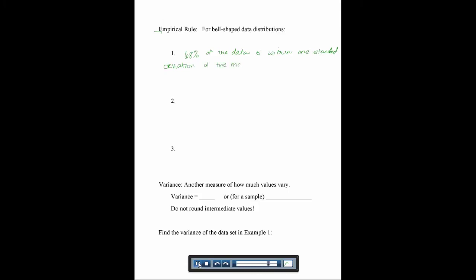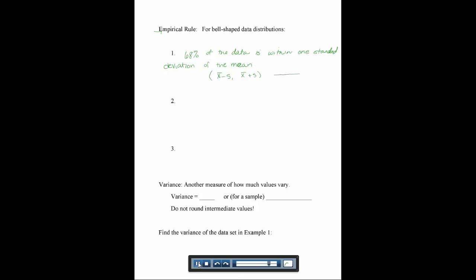So what this means is that 68% of the values would be between x bar minus s and x bar plus s. So instead of taking 2 standard deviations like we did on the previous page, we're just taking 1.